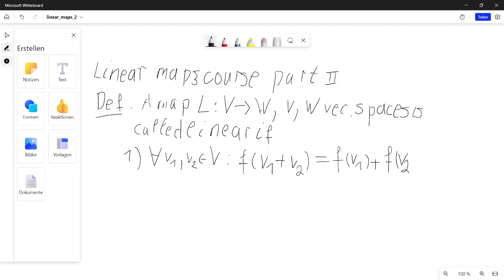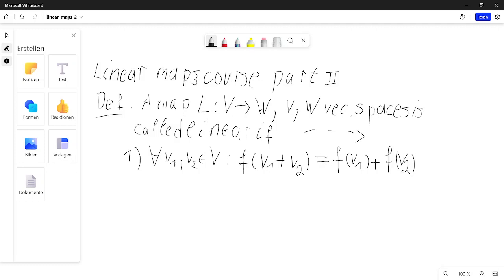So it's like we can interchange where we first apply the sum on the vector space V, and pay attention here, it is the sum on the vector space V, and then apply L to bring it to W.